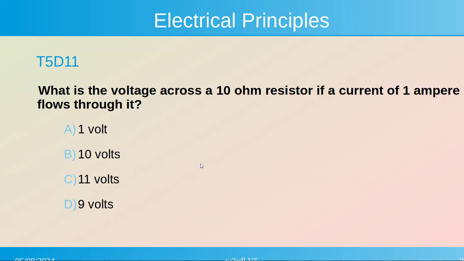Well, you don't have to guess, you know that one. Voltage is what? Just think of the formula. The pie chart. Current times resistance, right? Current times resistance. 1 times 10.